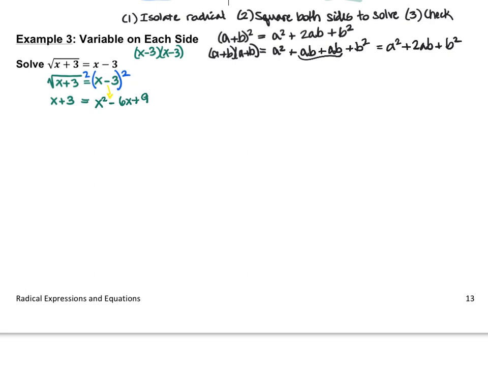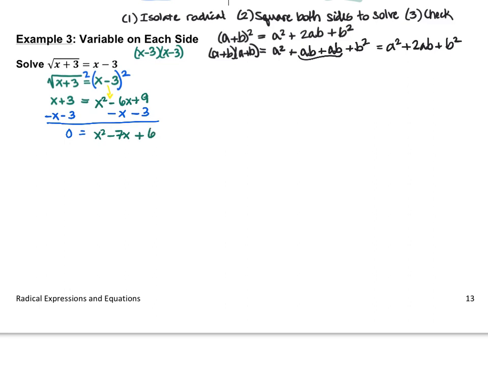The way that we're going to continue to solve this, now that we have a quadratic trinomial, is we're going to move everything over to the right-hand side. So we're going to do minus x minus 3, and we do that to both sides, and we end up with 0 is equal to x squared minus 7x plus 6.